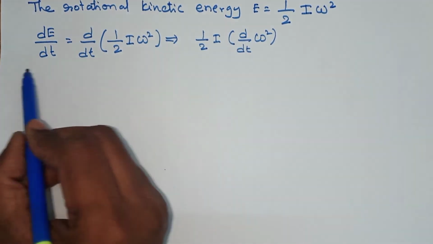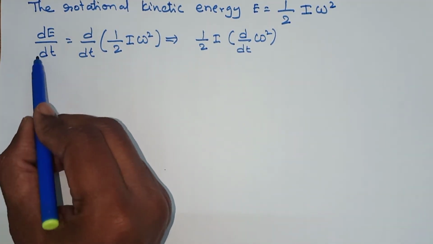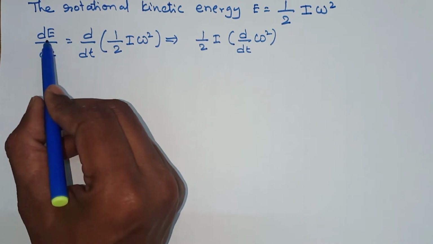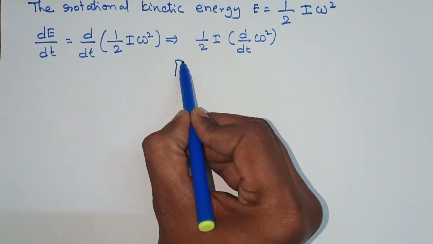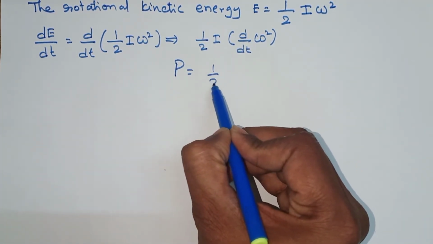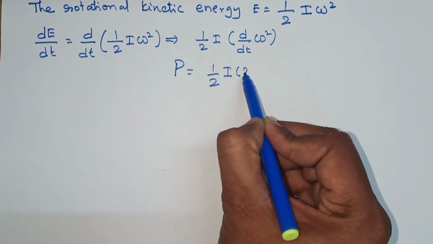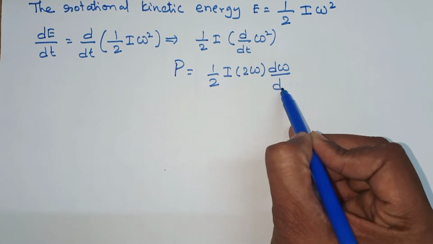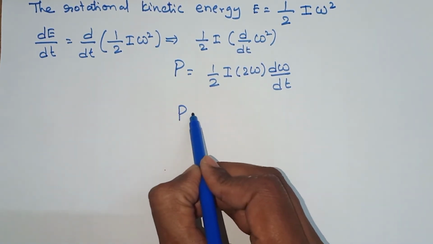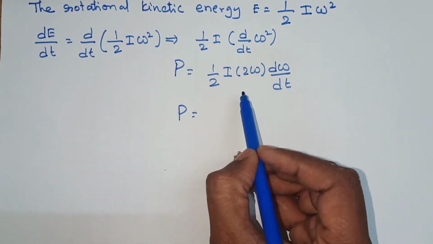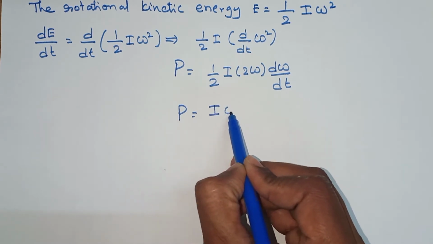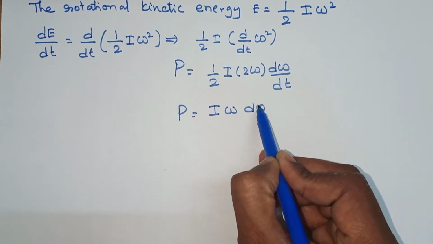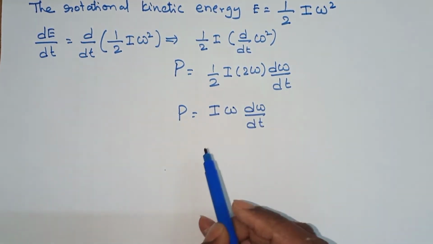Now what is that? Rate of energy, rate of work, which is again power, is equal to half into I into 2 omega d omega by dt. Half gets cancelled, and you will get power is equal to I omega d omega by dt.